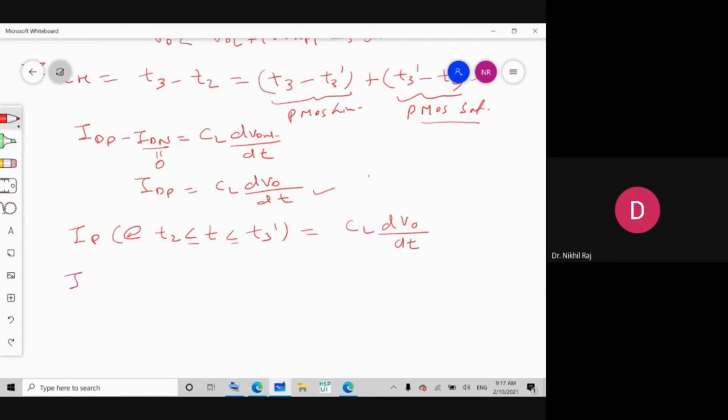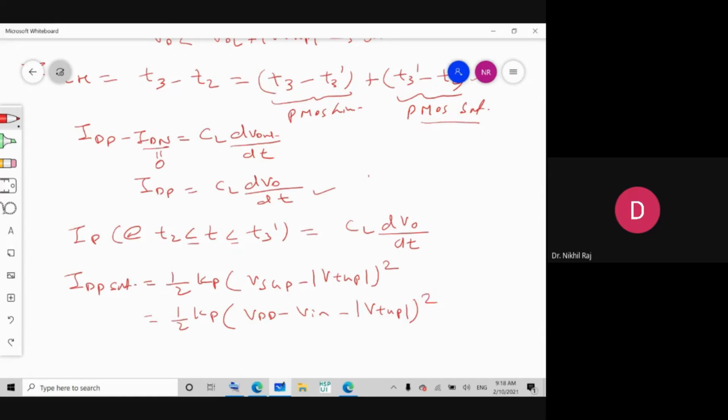Now IDP in saturation is equal to half Kp into VSG of P minus mod of VTH of P, whole square. That is half Kp, where Vs is nothing but VDD, and VSG is VDD minus V in, minus mod of VTH of P, whole square.